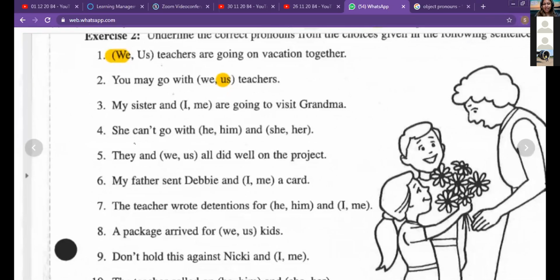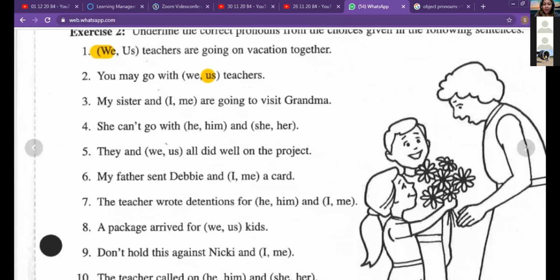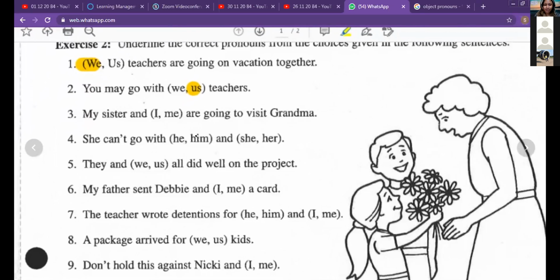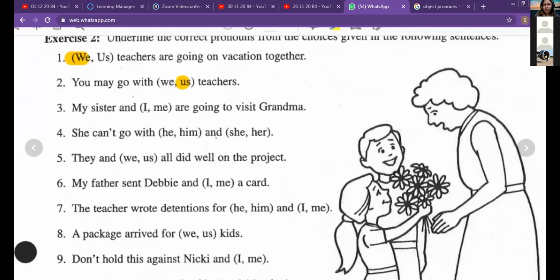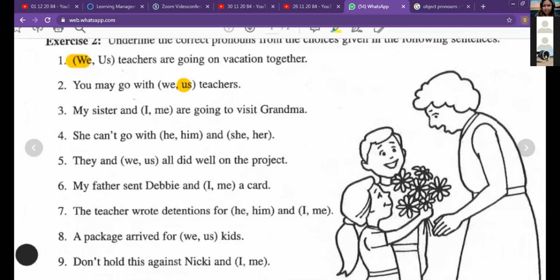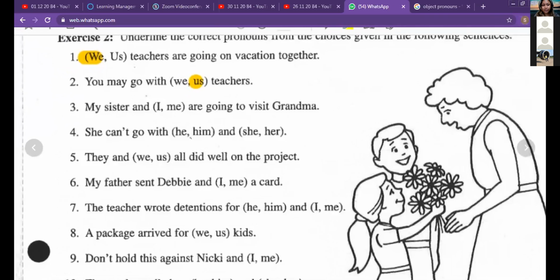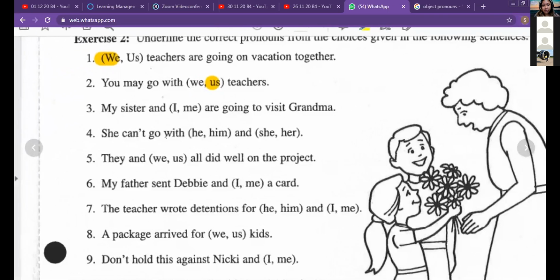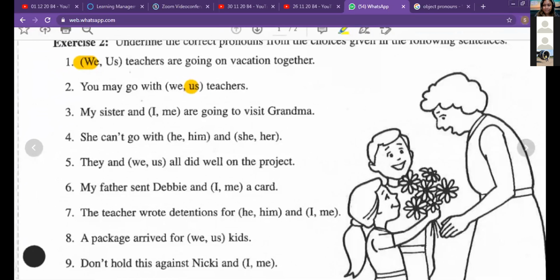Now, the next one. She can go with him and her. Why do I not say she in this case? Because we have a preposition. I already said with him.